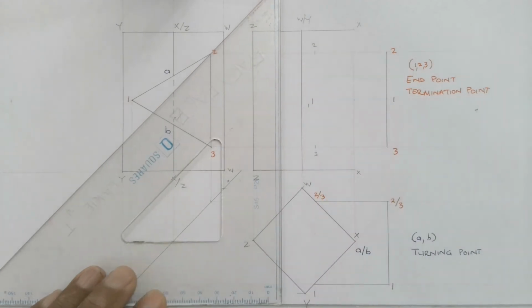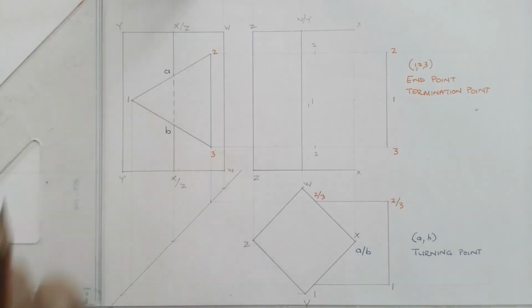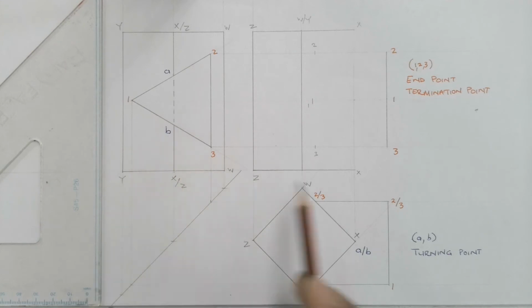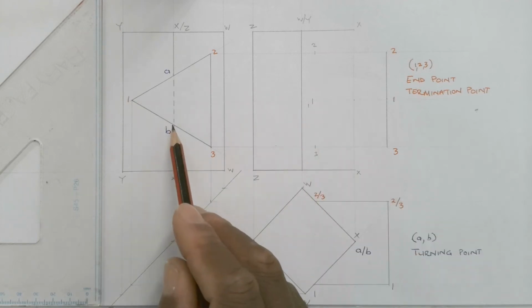All right. So what does it mean then? I have done the end points because I only have 3 end points. Now what about the turning points? Turning points, B is on line X, and this is line X. So it means I have already projected vertically. Now I need to project horizontally.